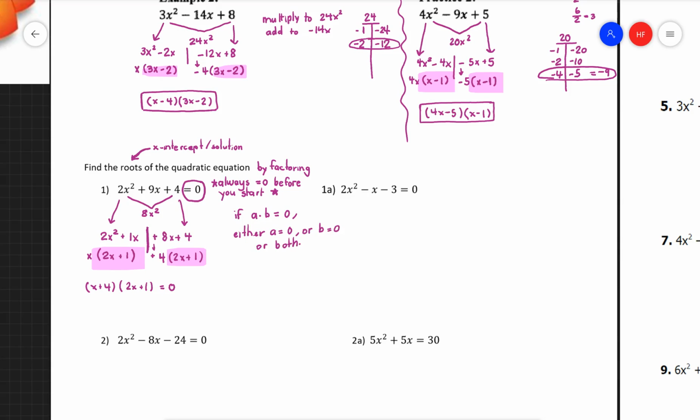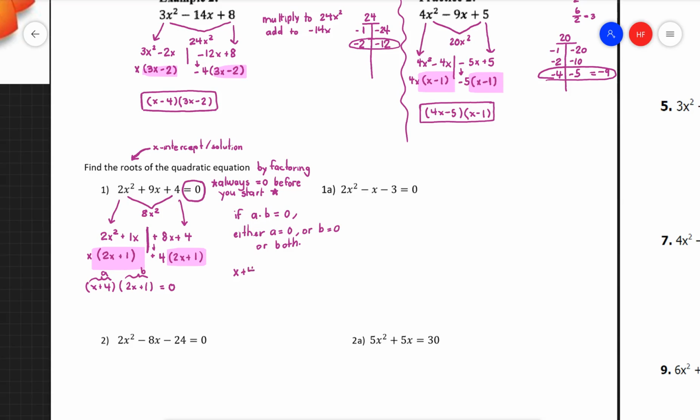Because we know anything times 0 is 0. So x plus 4 times 2x plus 1 equals 0. If this is my a and this is my b, then either a equals 0, b equals 0, or they both equal 0.